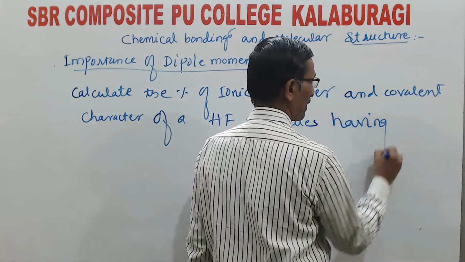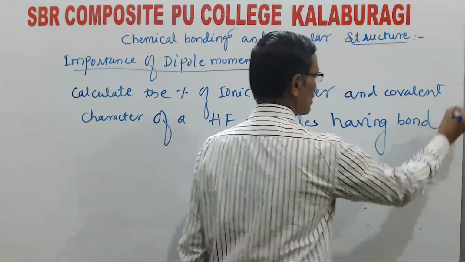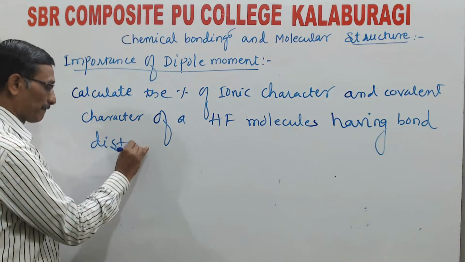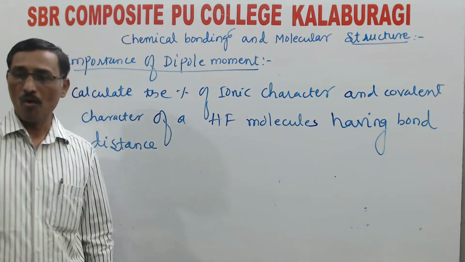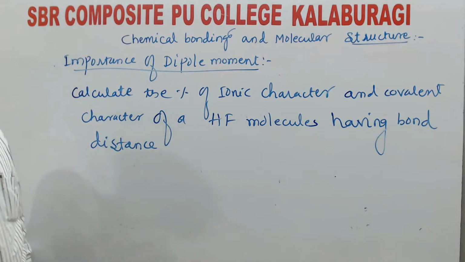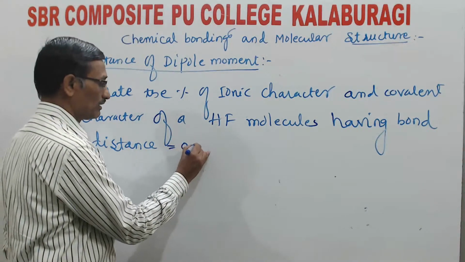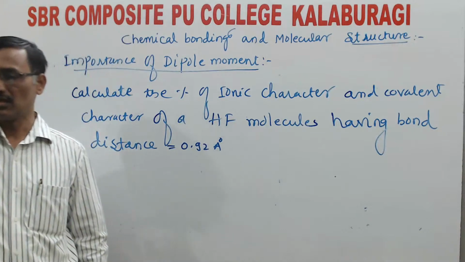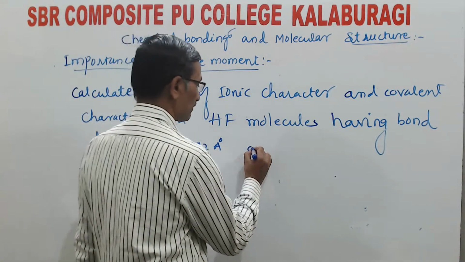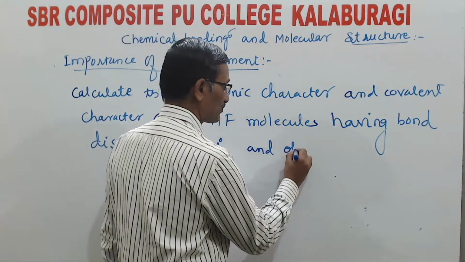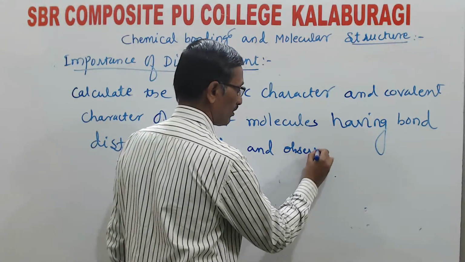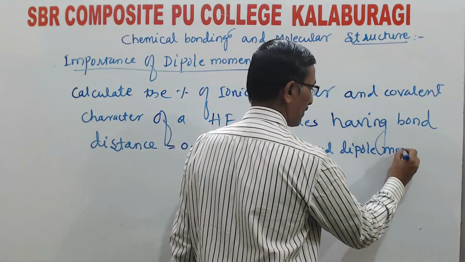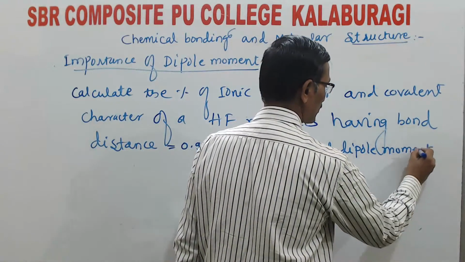Having bond distance that is given. How much is it? 0.92 angstrom unit that is given. And the observed dipole moment is also given.